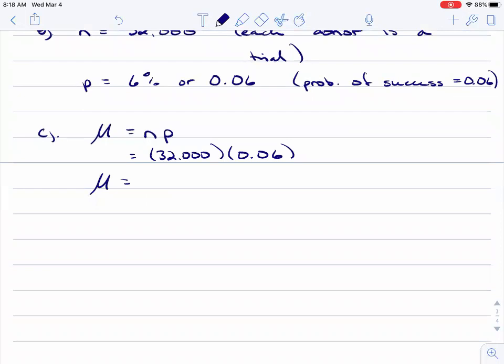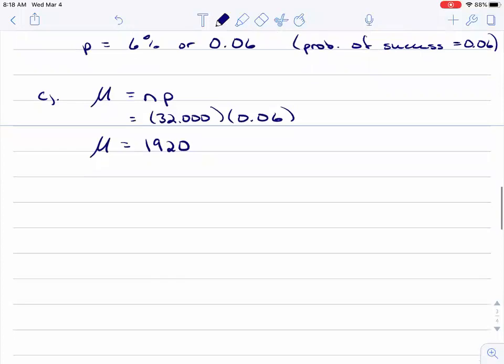So mu is 32,000, make sure you get all those zeros, times 0.06, 1,920. So far, things are looking good, right? This is how many O negative donors I would expect to have in a sample of 32,000, right? So far, things are looking promising for that 1,850 that we need.